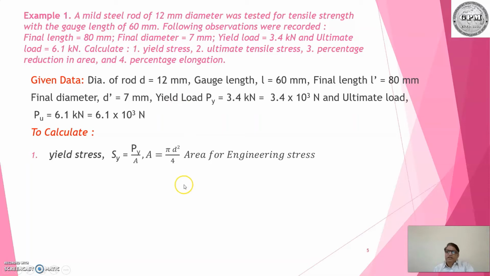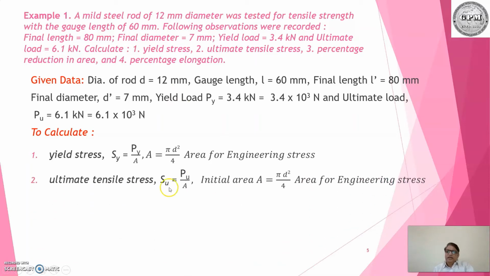The second one, ultimate tensile stress Su is equal to Pu by A, where the initial area A is equal to pi d square by 4. So the area for the engineering stress is for the ultimate, and this is for the yield.